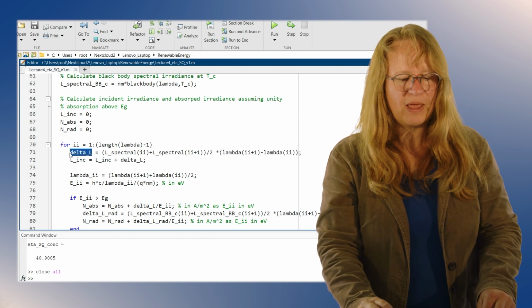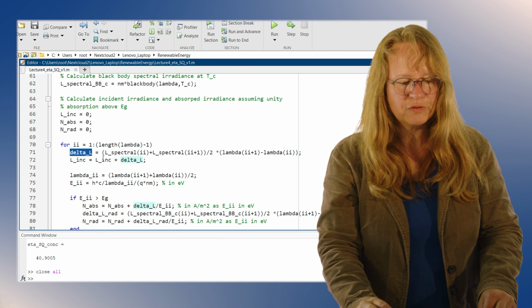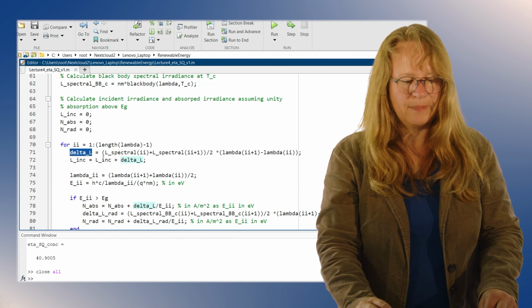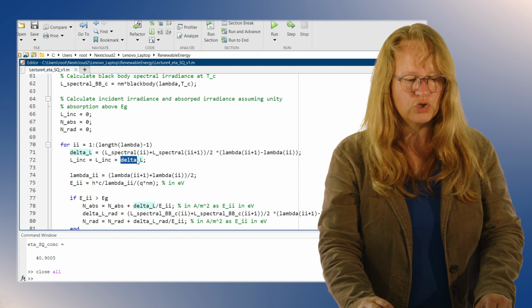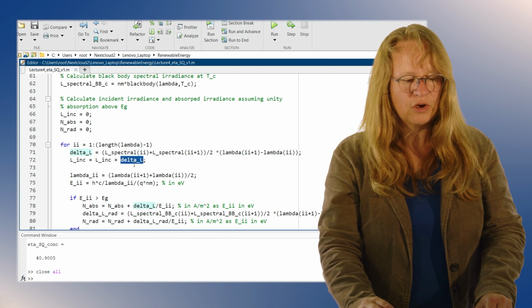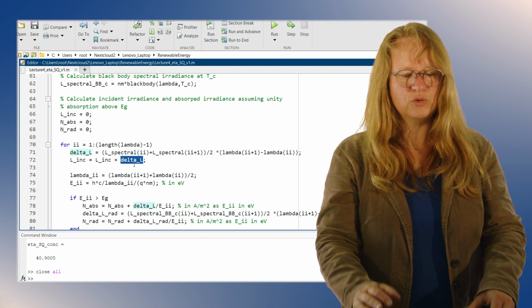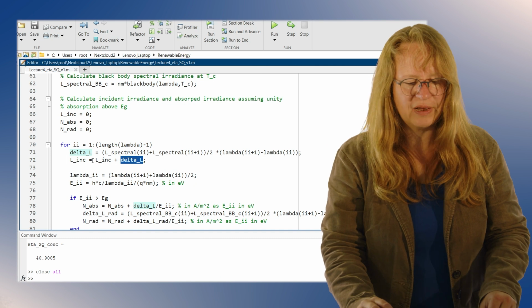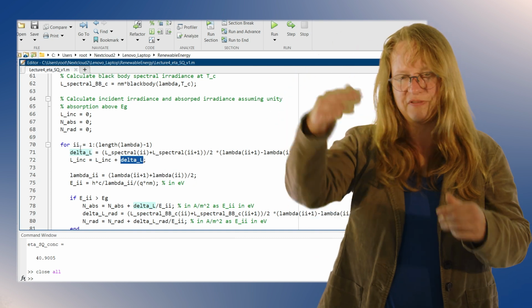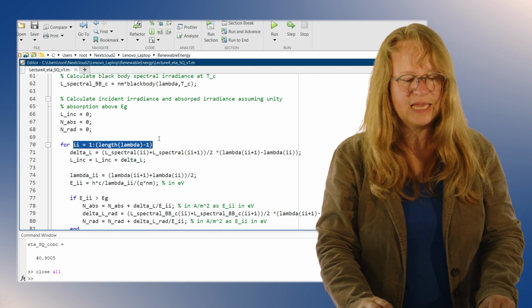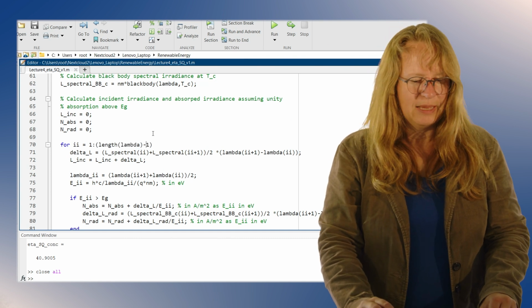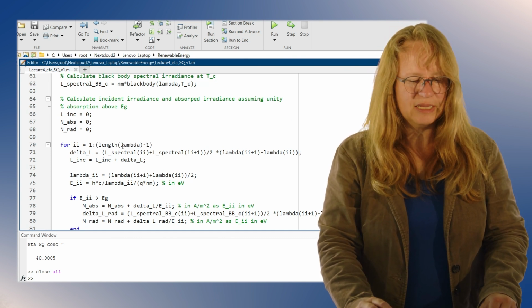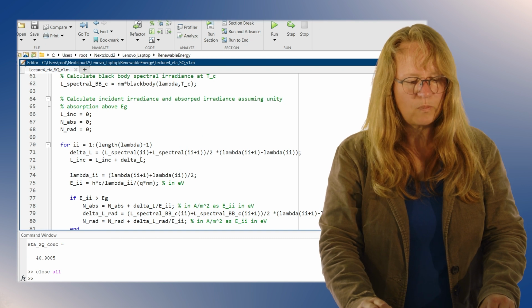And then this difference in power is then added to the total. And then I just do this for all values of lambda up to the last one, because of course I always need to have the next index as well. So this is basically integrating over the spectrum numerically. And this gives me then the total incident power here.